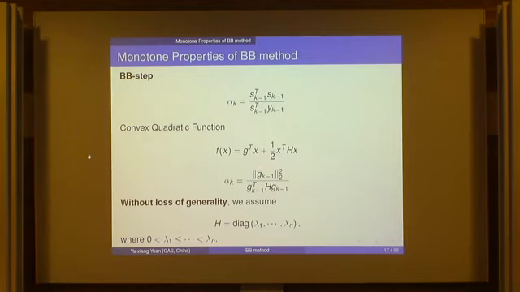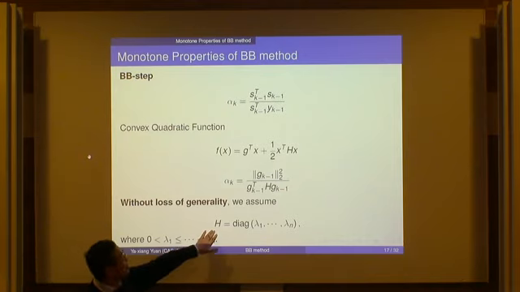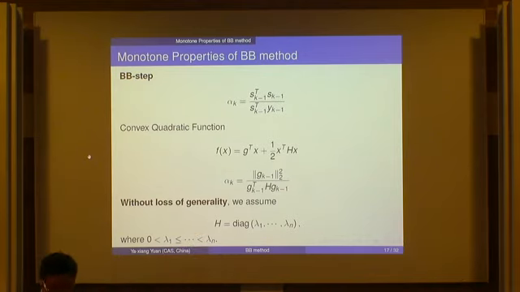Because this is a theoretical study of the algorithm, it really doesn't matter: we can assume the matrix H of the function is a diagonal matrix. By changing the basis of the variable, doing an orthogonal transformation of the variable, we can assume H is a diagonal positive definite matrix.